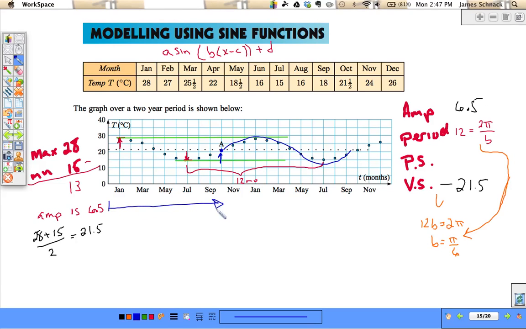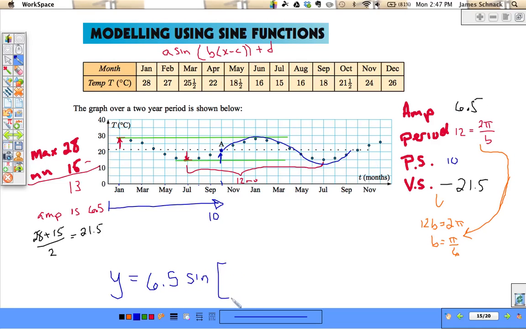What is our shift? How far have we shifted? Well, we've shifted 1, 2, 3, 4, 5, 6, 7, 8, 9, 10. That's our phase shift. So our equation, y equals amplitude 6.5. If I picked one of these waves starting out going down, I would have put negative 6.5 here.